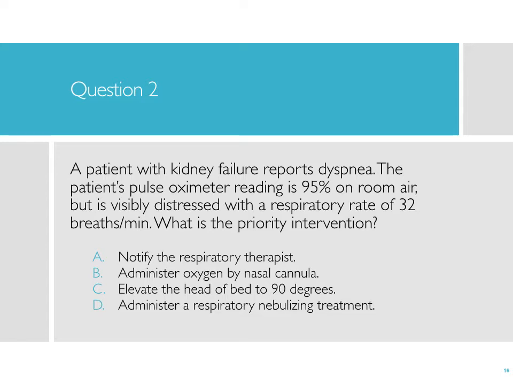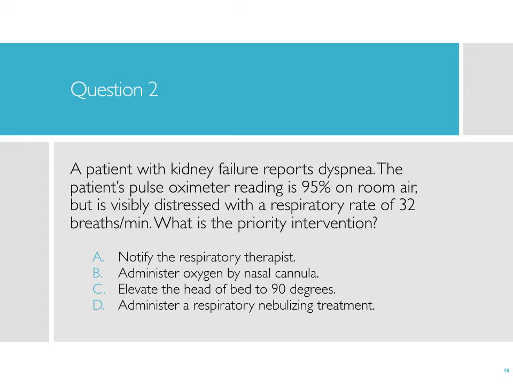So A is to notify the respiratory therapist. B is to administer oxygen by nasal cannula. C is to elevate the head of bed to 90 degrees. And D is to administer a respiratory nebulizing treatment.